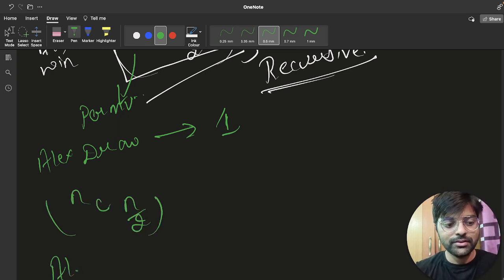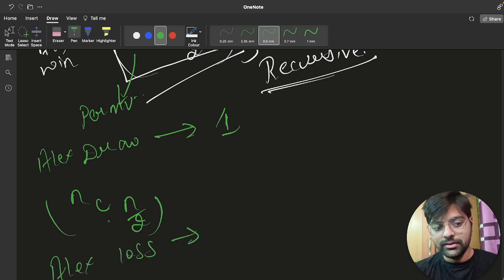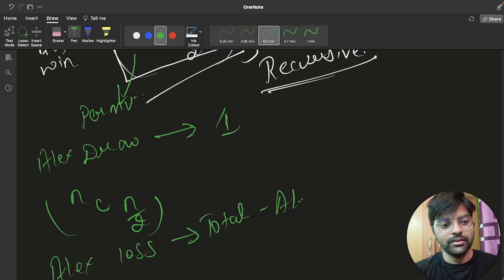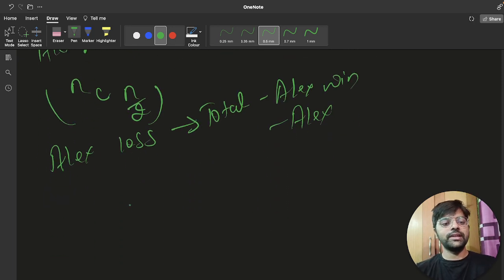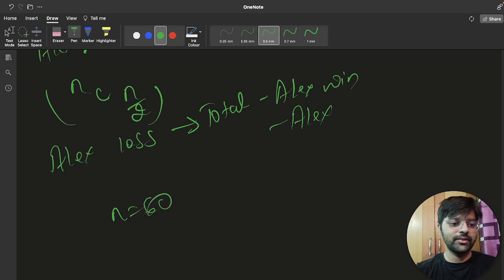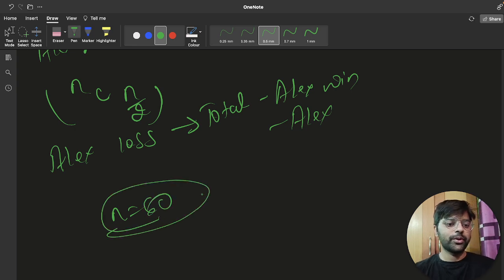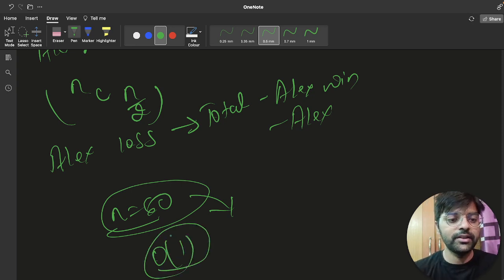So LX loss, you will get LX total minus LX win minus LX draw. So we'll create a pre-processing table for n equal to 60, since n is 60 given. From there, let's say we have a table, so in constant time you will get the value.